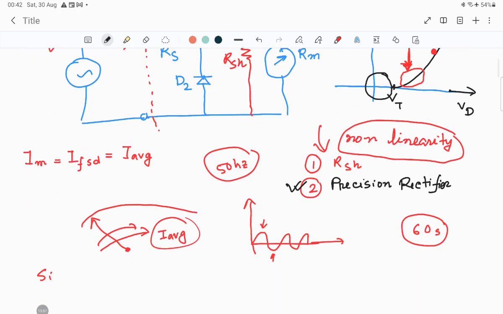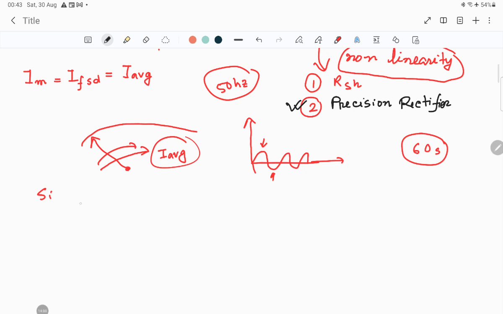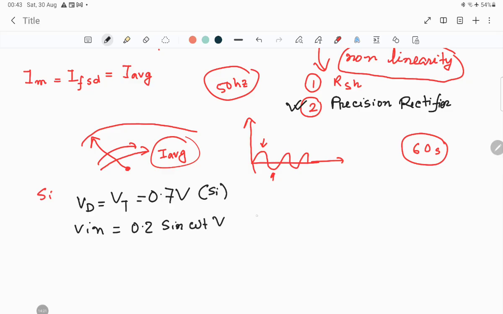Suppose my threshold voltage VT is about 0.7 volt for silicon diodes. Right now my input voltage is, suppose, 0.2 sin(ωt). You can definitely see that the peak value, Vin or VP, is about 0.2 volts, which is obviously lower than the threshold voltage.